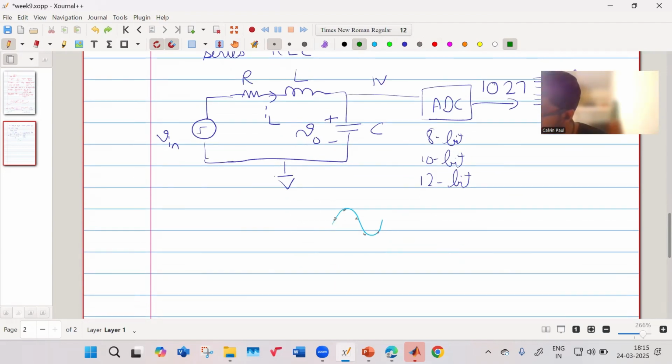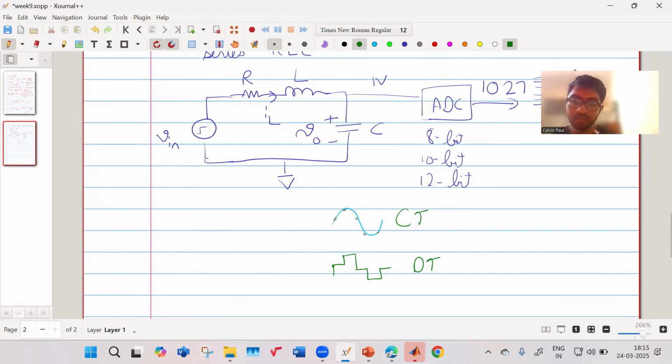If you hold that value, it will stay at this value, then go to a lower value, and so on. So this is your continuous time system, and this is your discrete time version of the same thing.